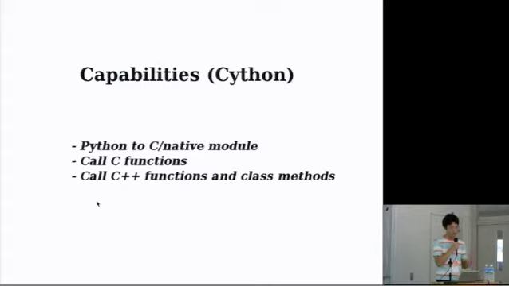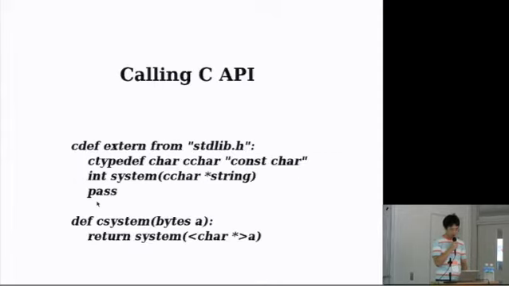And you can also call C functions, the functions purely written in C or C++. And you can also call functions and class methods of C++. Here we have an example of calling a C API. Before you call a C API, you must declare your API.